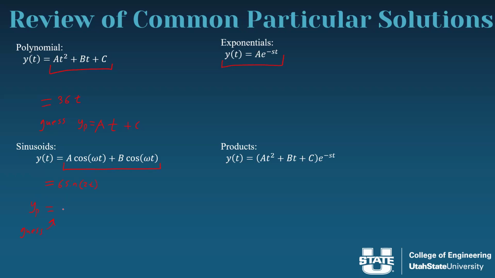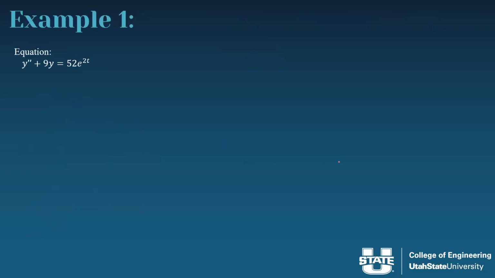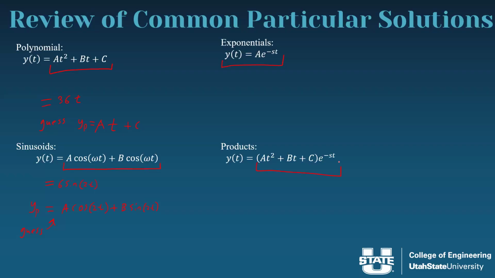So our guess will take the form of A cosine of 2t plus B sine 2t. And then the product is when you are going to have multiple of these forms in one particular solution.